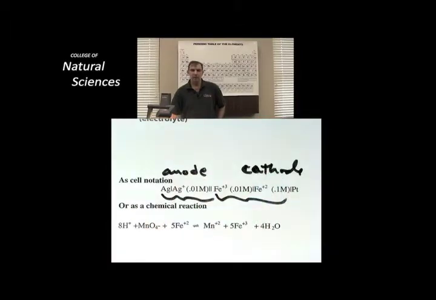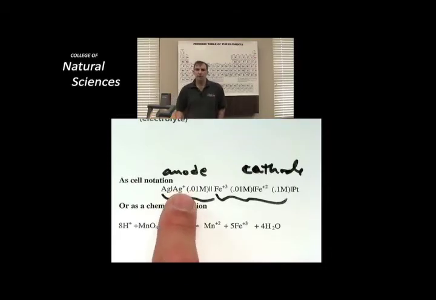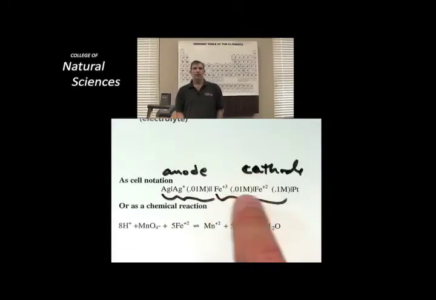Notice you wouldn't know that down here because the half cells are written such that you'd actually have to go in and look at the oxidation numbers to know this. But right off, I know that silver making silver ion is my oxidation process, my anodic process. My iron plus 3 making iron plus 2 is my reduction process. I can't balance this reaction, but at least I know what's the anode and the cathode.